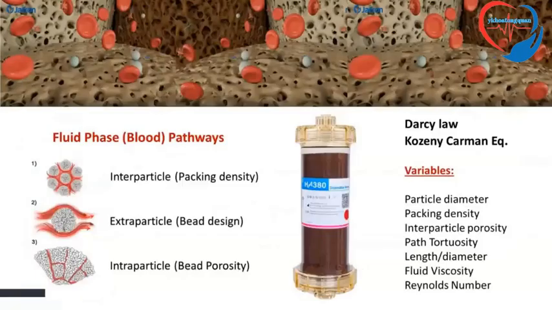Interparticle, extraparticle, and even intraparticle distribution of the fluid phase is guaranteed, and according to specific laws, we have different variables that may affect distribution, including particle diameter, packing density, interparticle porosity, path tortuosity, length and diameter of the cartridge.